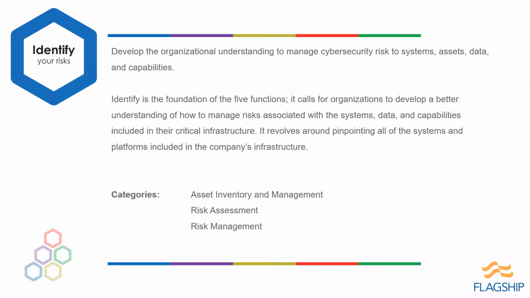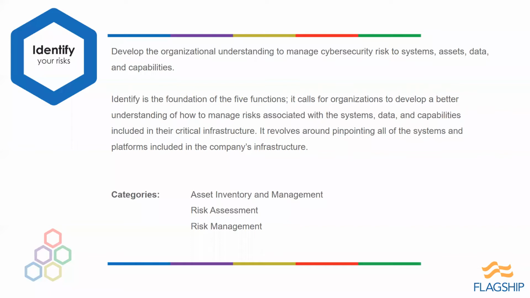Being the foundation of the 5 functions, it calls for organizations to develop a better understanding of how to manage risks associated within the system's data and capabilities included in their infrastructure. It revolves around pinpointing all of the systems and platforms included within the company's infrastructure. The important thing here to note is you can't protect what you don't know you have. So that's the important part of identify.